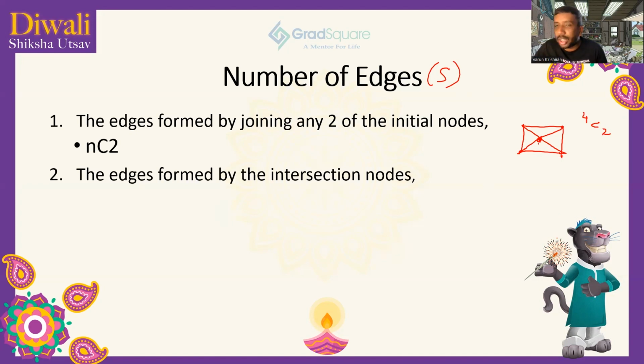Now, how will I find that out? For that, I have to understand that every single node will produce 2 more lines. Right? For example, these 2 diagonals were there. But if I consider this point of intersection of the 2 diagonals as a node, now I have got 4 line segments. Similarly, if I have got, say, 3 lines which are cutting each other, then to begin with, I have got 3 lines. But this node is going to give me 1, 2, 3, 4 line segments.